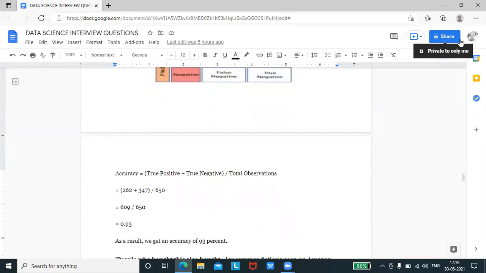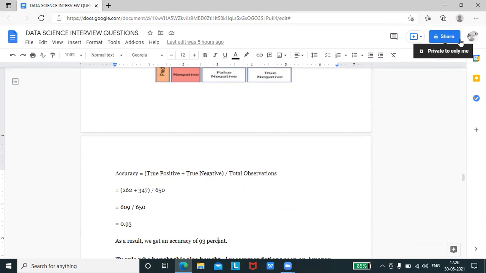So if the total observations are, for example, 650 and the true positive are 262 and true negative are 347, then sum the TP and TN, which becomes 609 divided by 650, which is 93% accuracy.